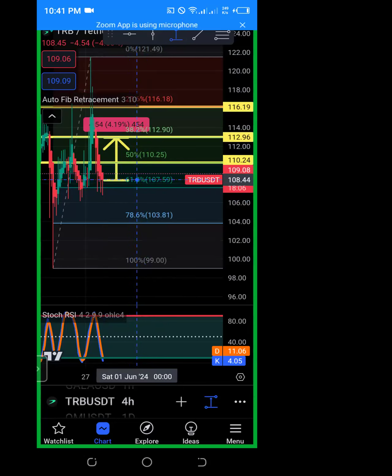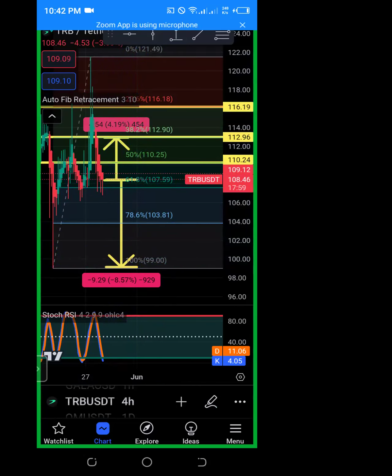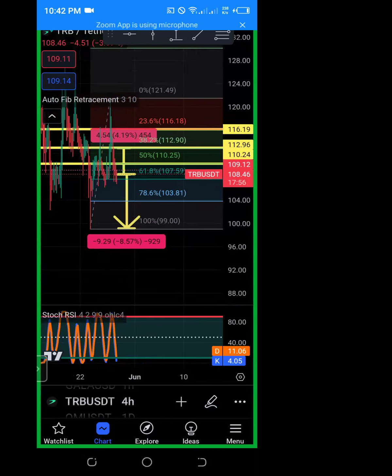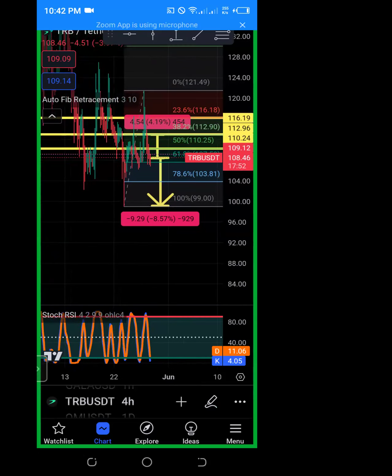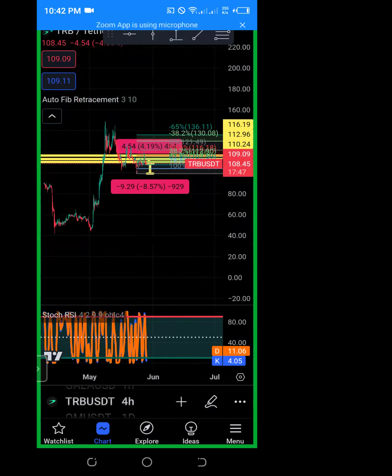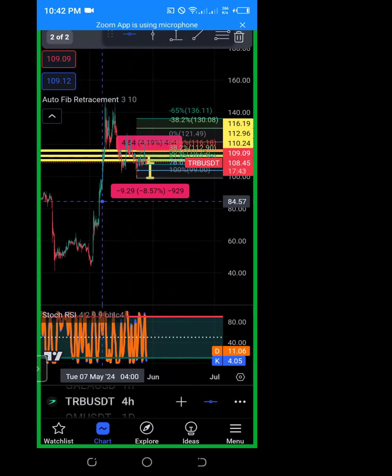Now the market has gone down up to here. There is that 8% drop. You also have another support here. Let me put it here.